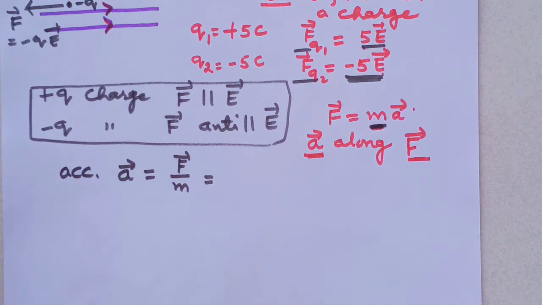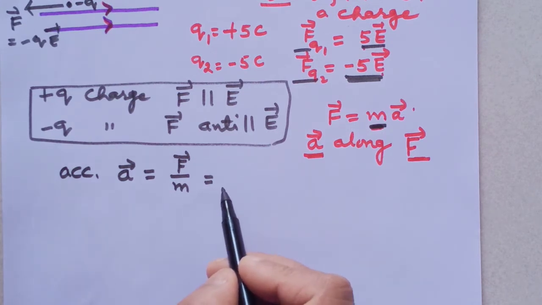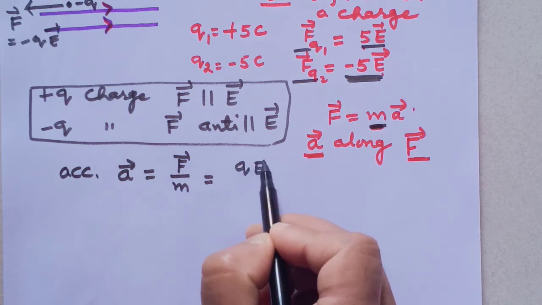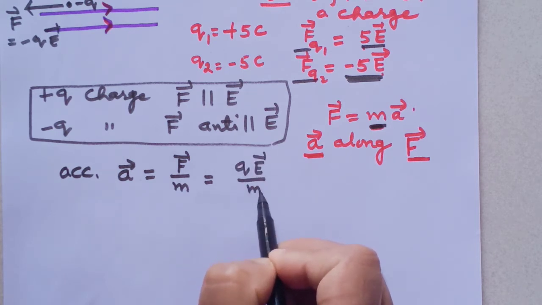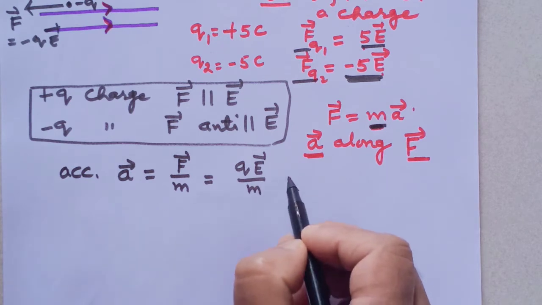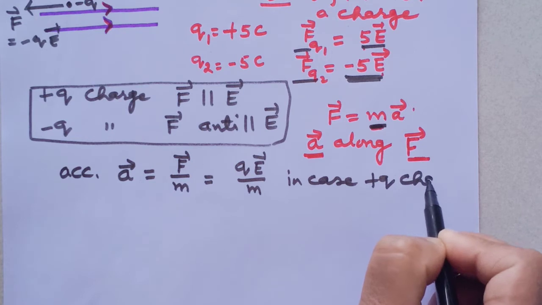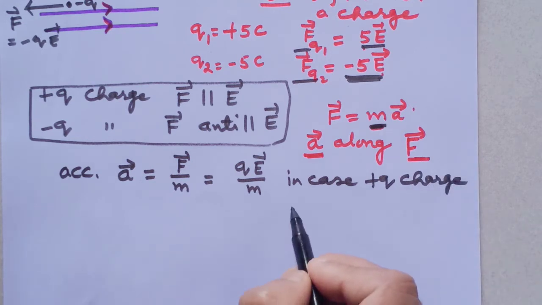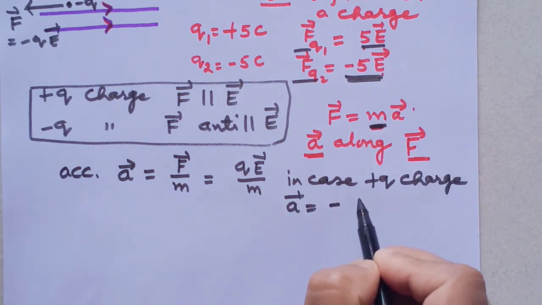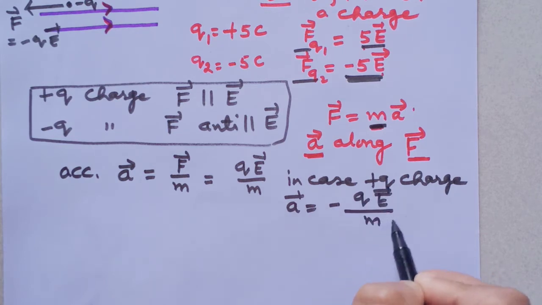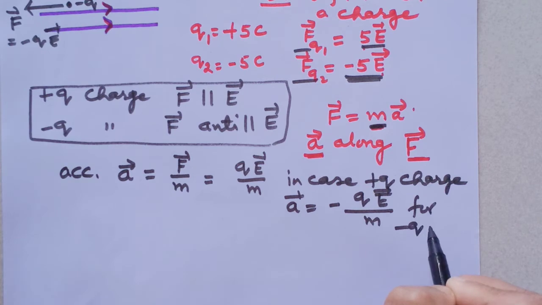So now the acceleration is F upon m, that is QE upon m in case of plus Q charge, and the acceleration will be minus QE upon m for minus Q charge.